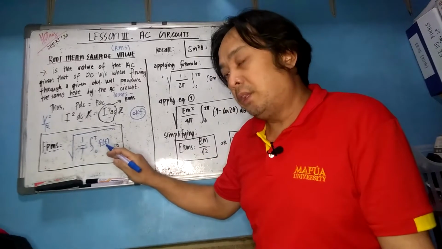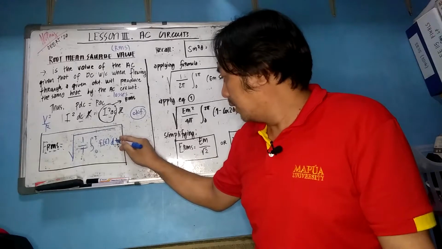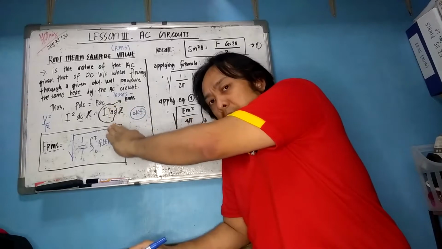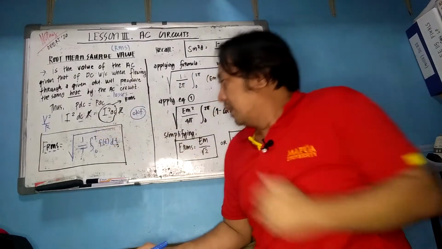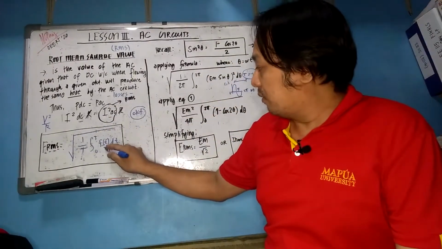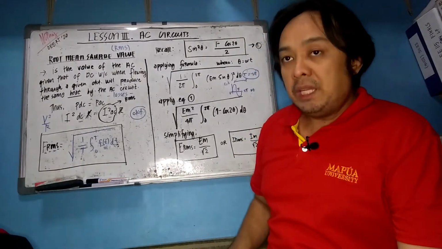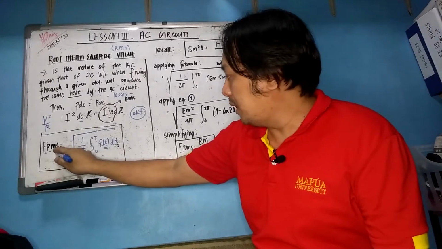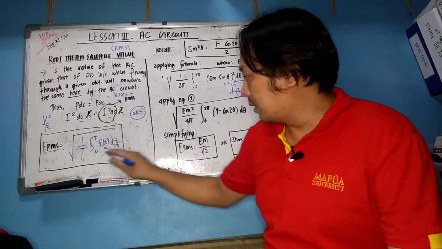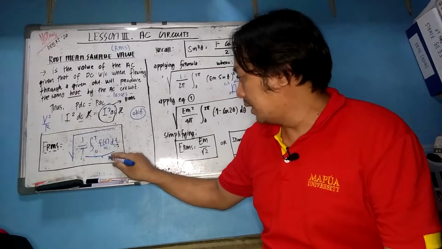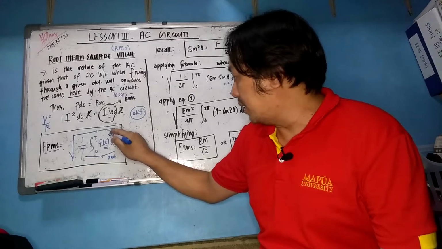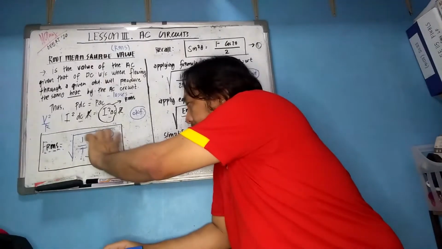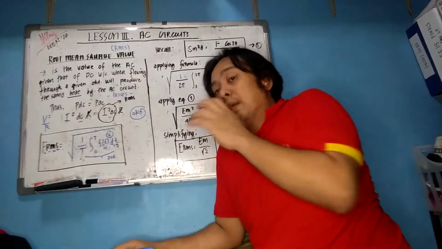Of course, you cannot integrate without dt, from 0 to T, the period we have discussed from the last slide. So f(t) is in terms of the function of time, and then the mean, that's the average. Remember, it's the average, and then you square the signal. So that's why it is root mean square.